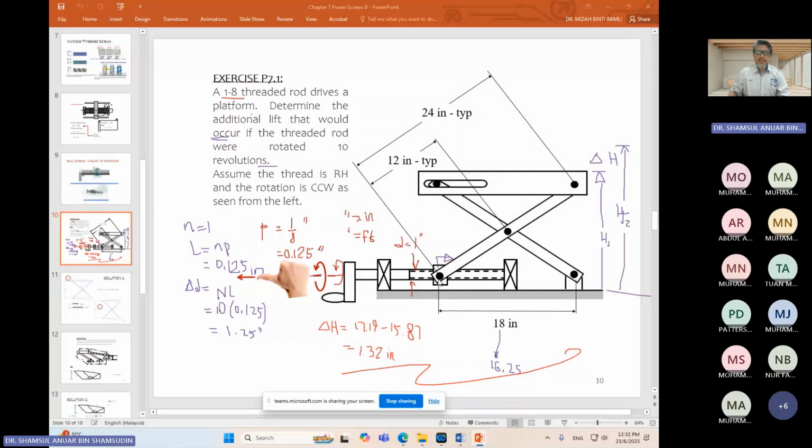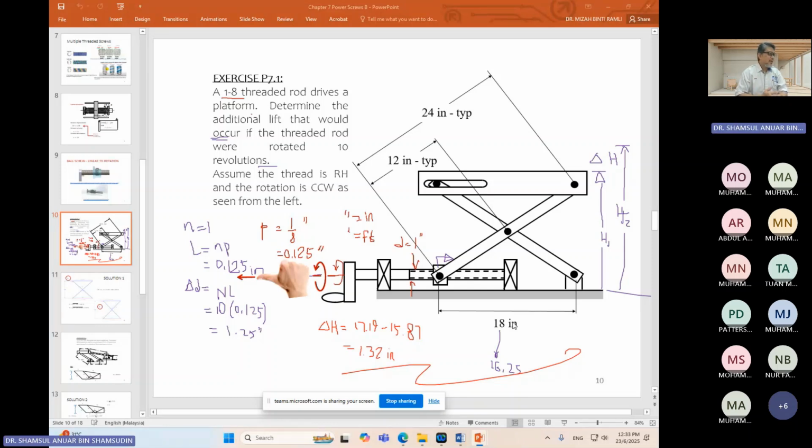For example, in this question, after you turn the crank here, this value will change. It's not going to be 18 anymore. It's either going to be more than 18 or less than 18. So you have to decide whether the change will make the value increase or decrease.